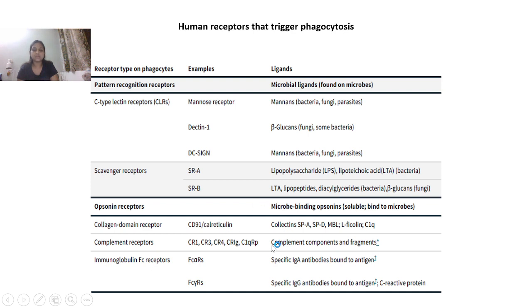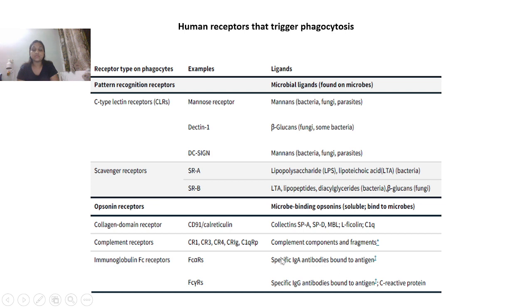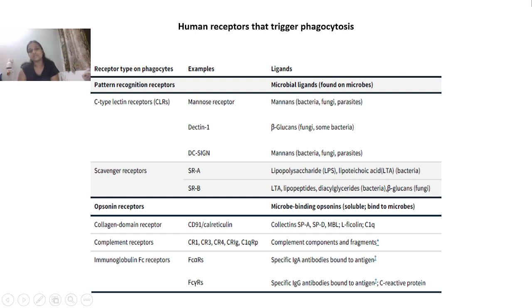There are complement components and fragments which will activate the complement receptor, and there are immunoglobulin receptors which will be activated by antibodies bound to antigen, and IgG will activate the Fc gamma receptors present. This will lead to the opsonization process and thus enhance phagocytosis. These are the different kinds of receptors that will trigger phagocytosis.